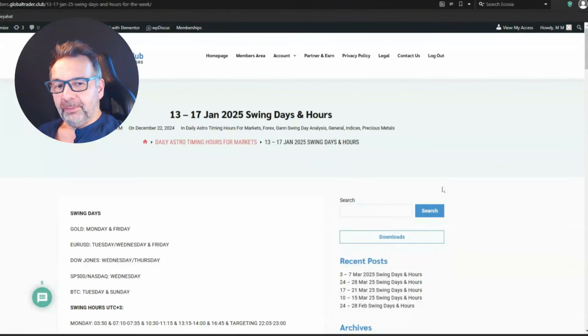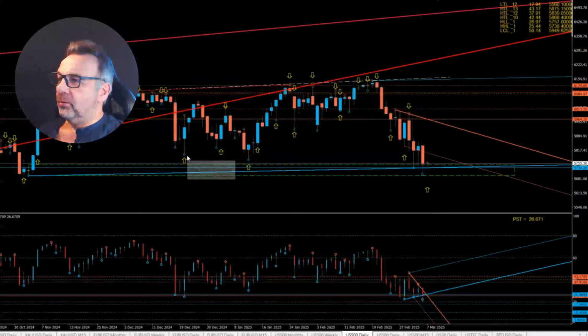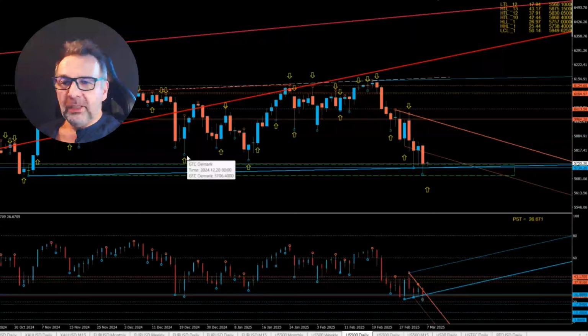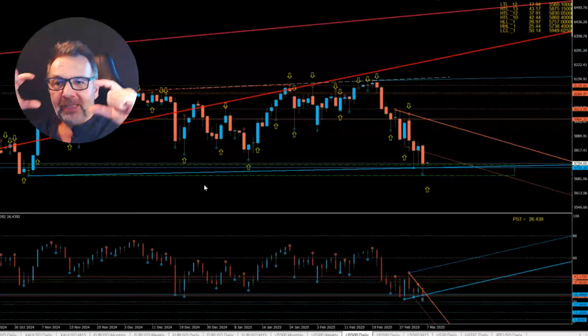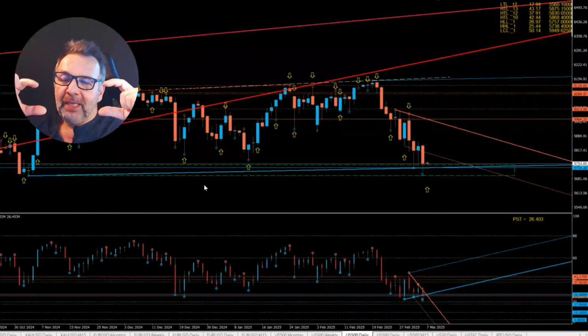If you know your swing day, your swing hour, your pricing, this is the minimum risk, maximum profit approach. I hope this helps. I hope it's also a bit more clear as to what you can do in the members area, for those of you who are not members, and what you can learn in the coaching program. Obviously, we're always matching our technical analysis into that swing day and swing hour format.